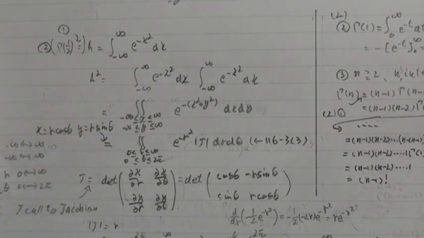Now x equals r cos theta, y equals r sin theta. The domain is r from 0 to infinity, theta from 0 to 2 pi.